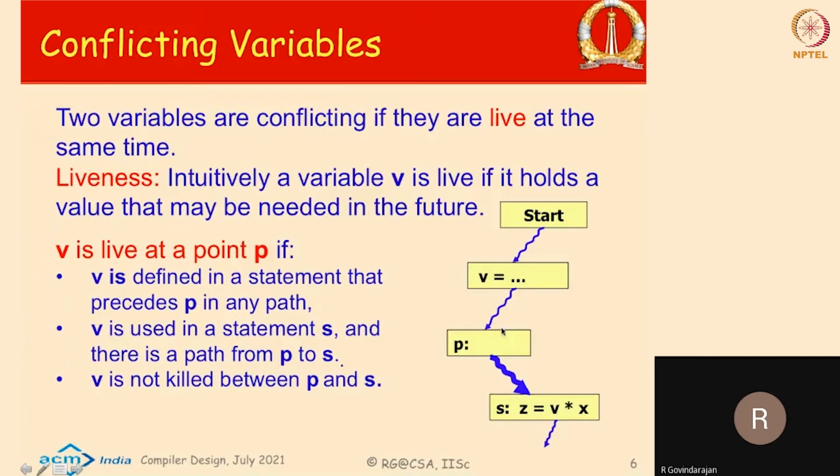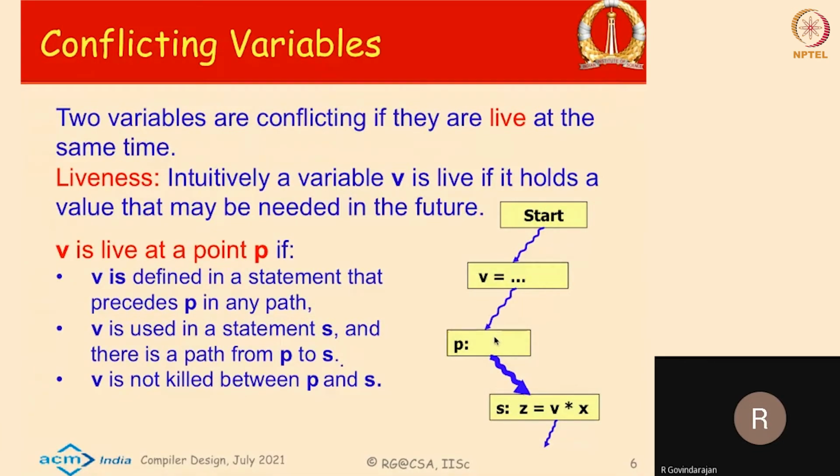Now look at this variable v, which is going to be used in a program point s. In this particular control flow path, it was defined in this location in your program. So v was assigned a value at this point, and was subsequently used at this point in your program. The question is, is v live at program location p? Should the value of v be kept carefully when you are executing program location p?